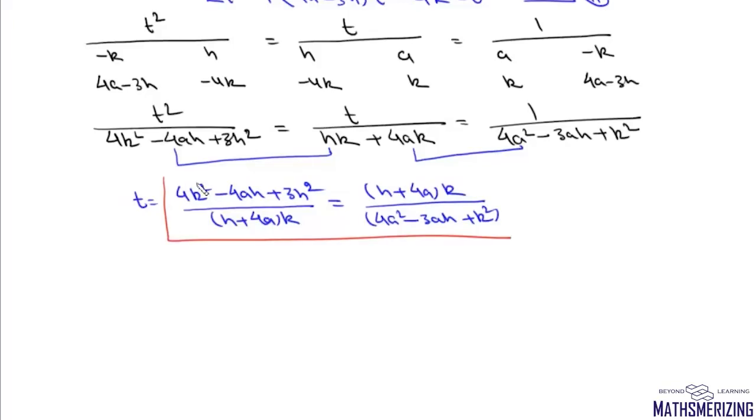So this is our required locus, but then we'll have to put it in the form which is given in the question. So we need to cross multiply.